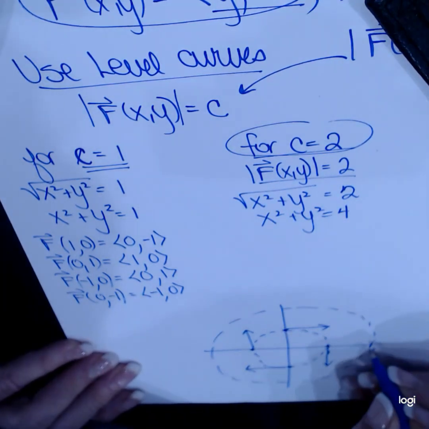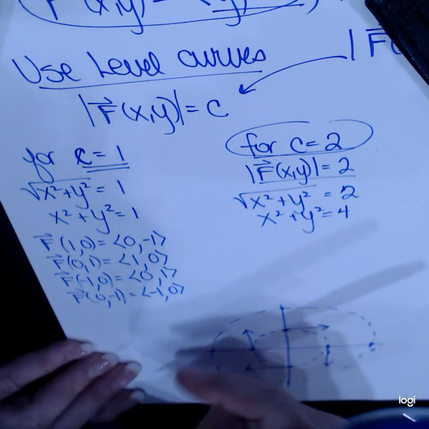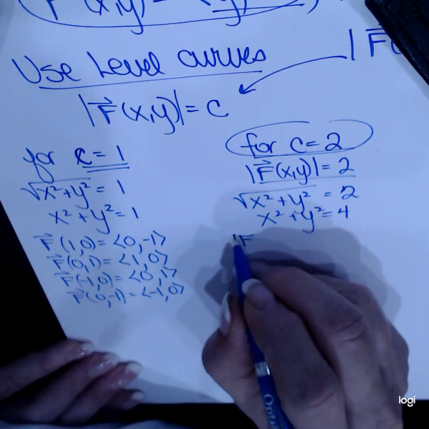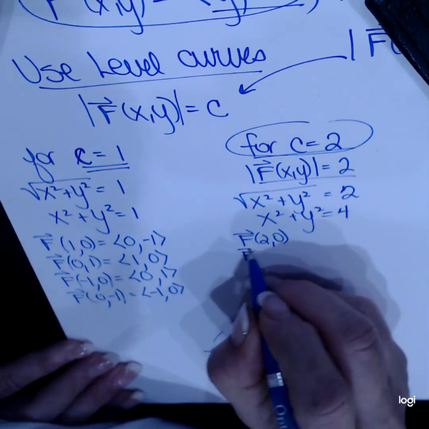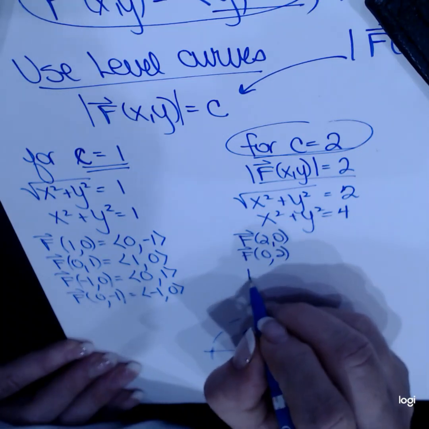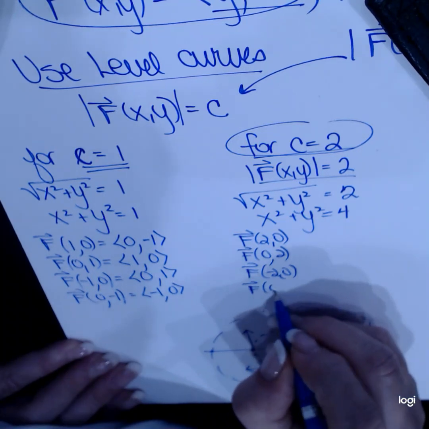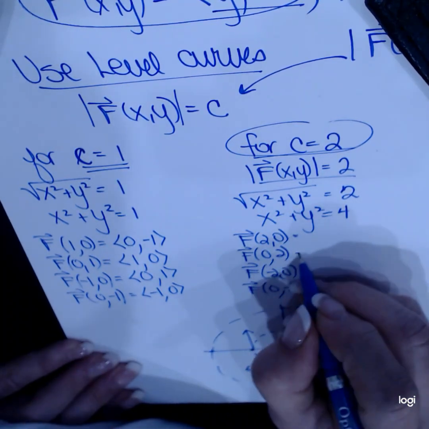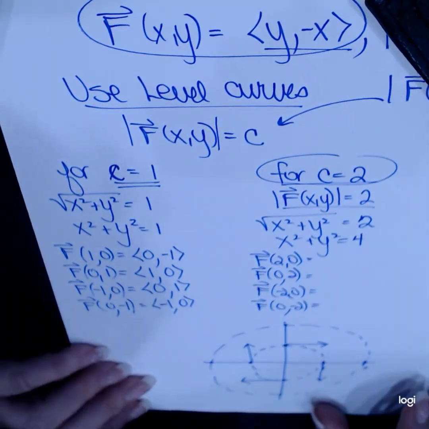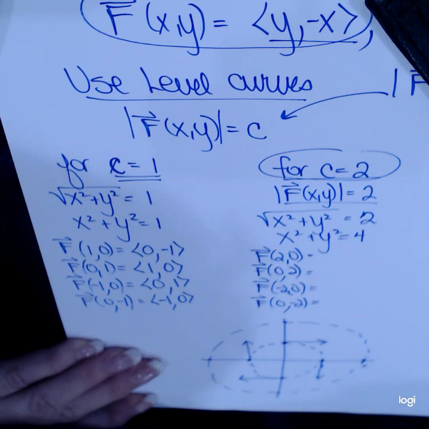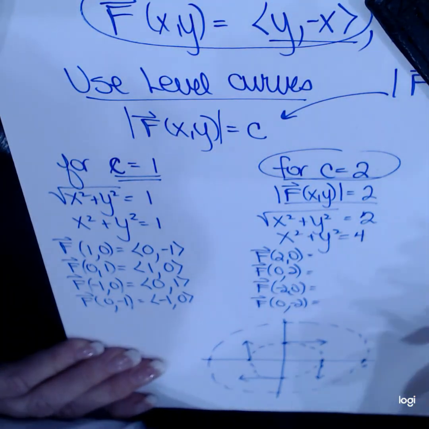So let's go ahead and pick some points that make sense here along this level curve. And those points are going to be (2, 0), (0, 2), (-2, 0), and (0, -2). And again, for each of those ordered pairs, I can use my rule for my vector field to get the vector that originates from those points, goes in the direction indicated by this rule, and of course has a magnitude of 2.